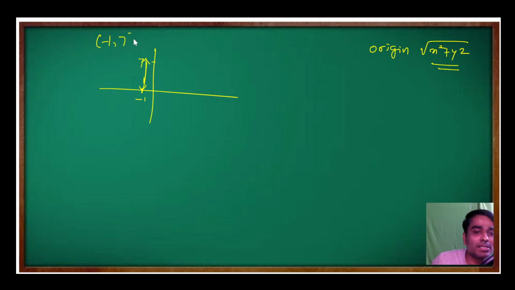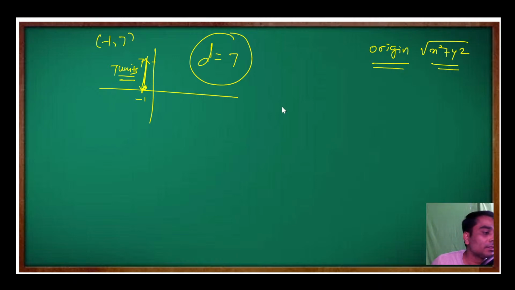Minus 1 comma 7, this will be the graph. So the distance will be 7 here. From x-axis, 7 units. Distance will be 7 units here.